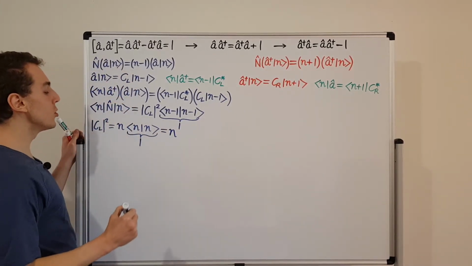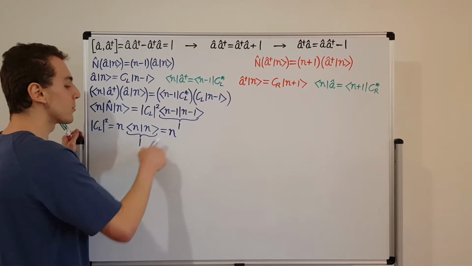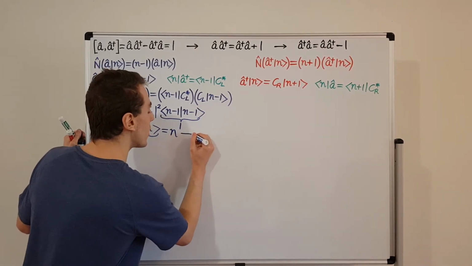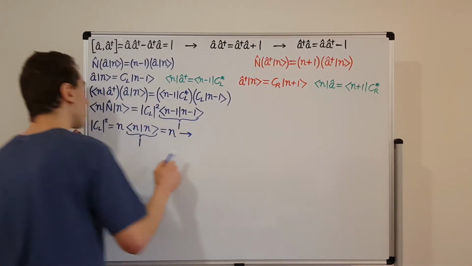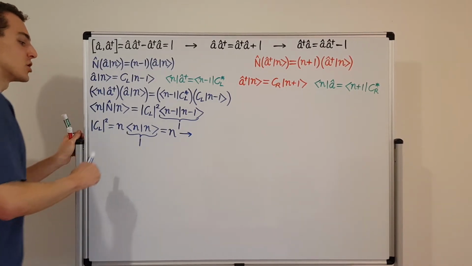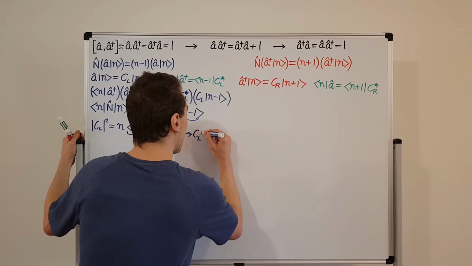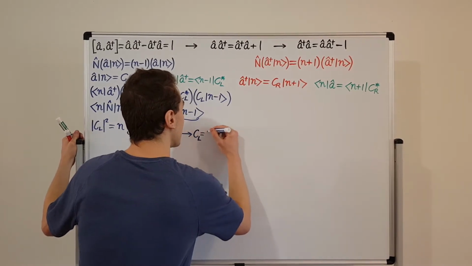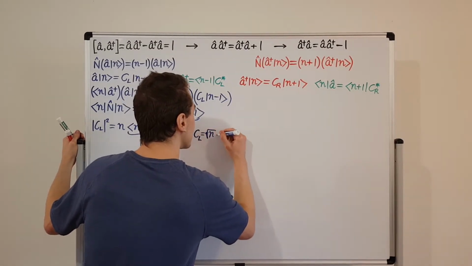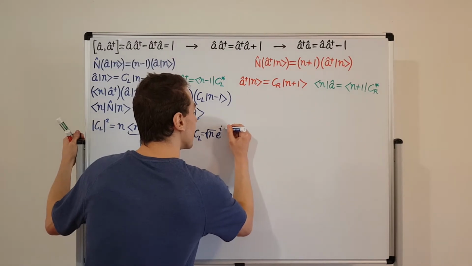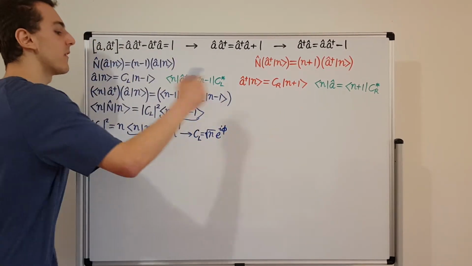And what can we conclude from that? If the square magnitude is equal to n, we can take the square root. But we have to be very careful because this is a complex number. CL is going to have to be equal to the square root of n times e to the i phi, where phi is some phase.